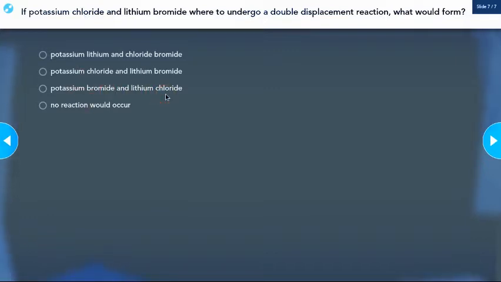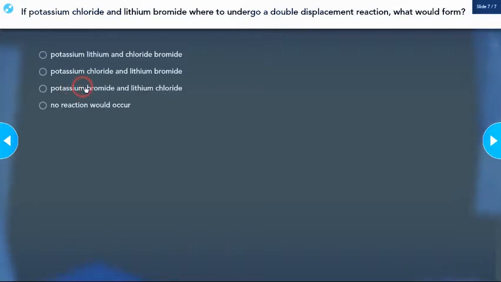However, in a double displacement reaction, you need to make sure that this reaction will actually occur. So if we look at the solubility rules, and this is the only one where you have to look at the solubility rules, is for double displacement. So looking at the solubility rules, potassium chloride is aqueous, lithium bromide is aqueous, so that's good. So you have to have two aqueous reactants, and then the products must be an aqueous and a solid.